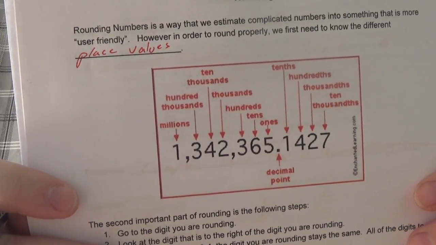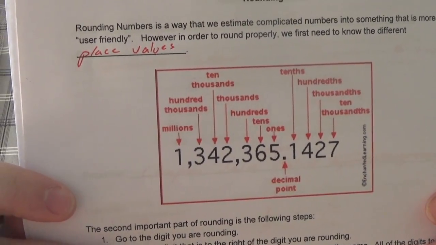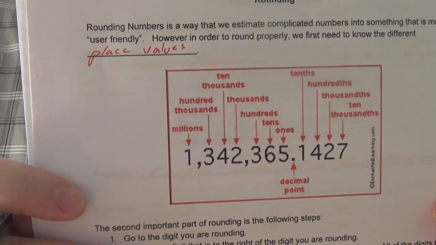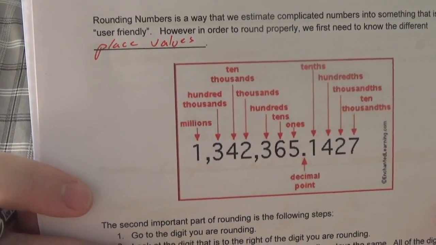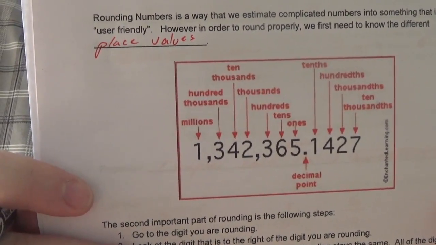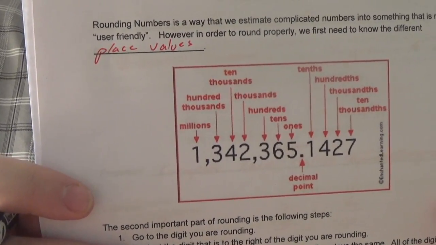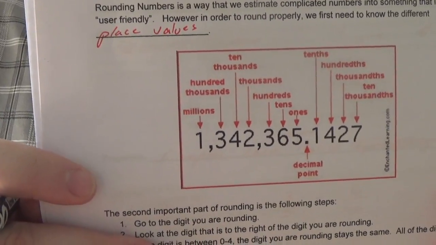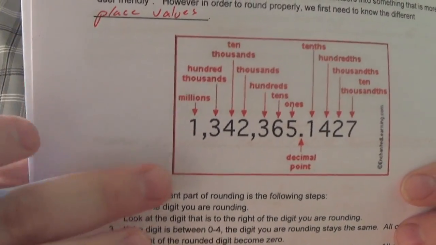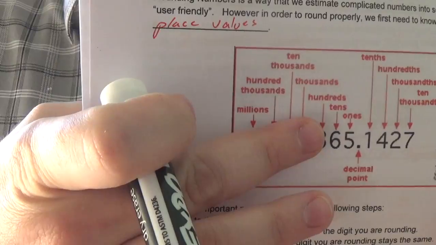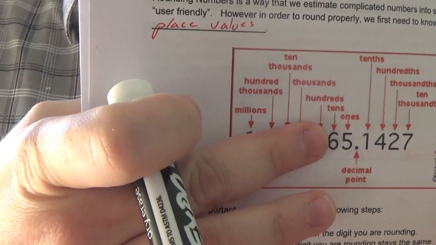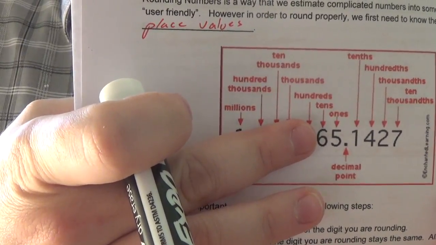Now, there's something that you should know. You see the decimal point, and the one directly to the left is the ones spot. The one directly to the right happens to be the tenths. And then we have the one here, which is the tens, okay, the tens spot.